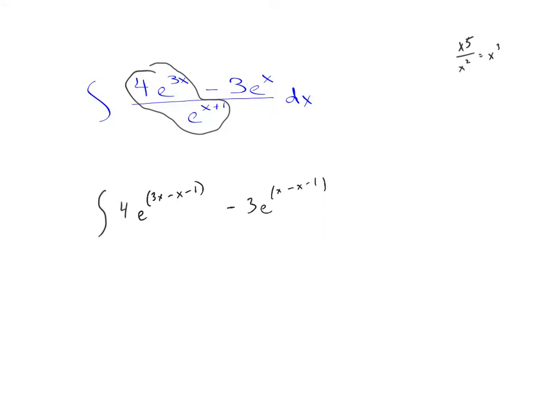I'm distributing the negative to both terms. So that whole big mess, which we'll simplify before doing anything else, is what we're integrating. Let's see what it simplifies to: 4e to the 2x minus 1, minus 3e to the x minus x, which is 0, minus 1, dx.